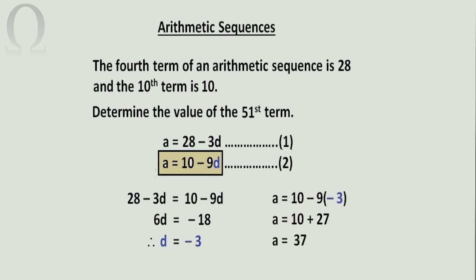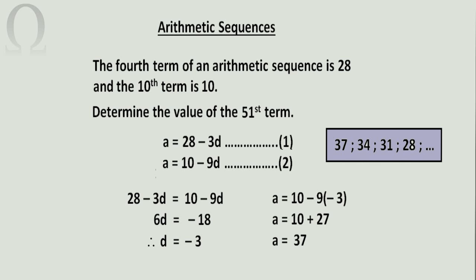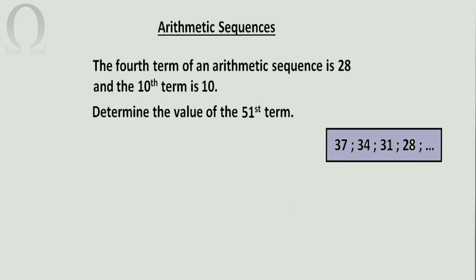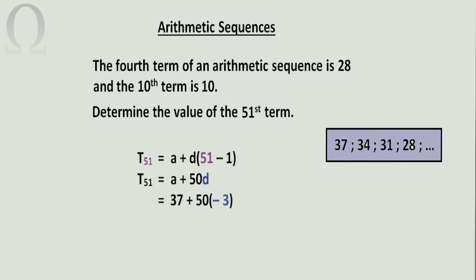The first four terms of this arithmetic sequence are therefore 37, 34, 31, and 28. The 51st term of this sequence is when n equals 51. Thus, T51 equals a plus 50d. And since d equals minus 3, the 51st term of the sequence will have a value of minus 113.